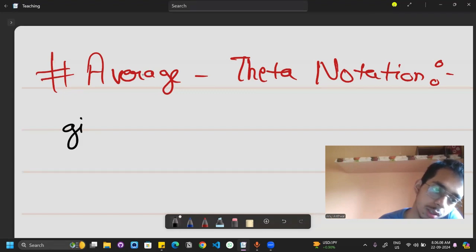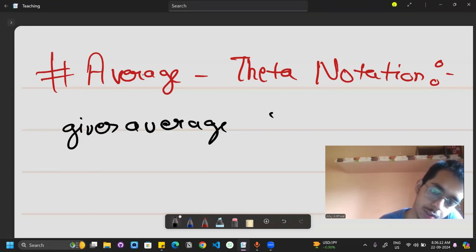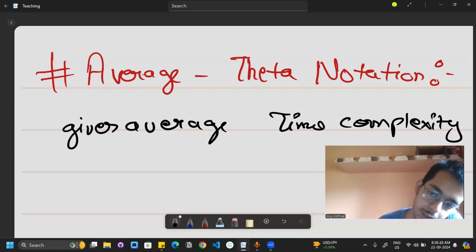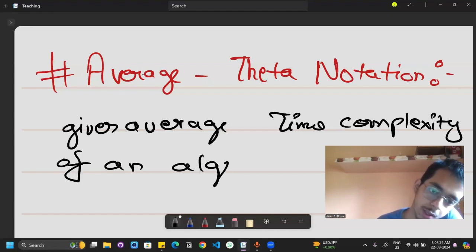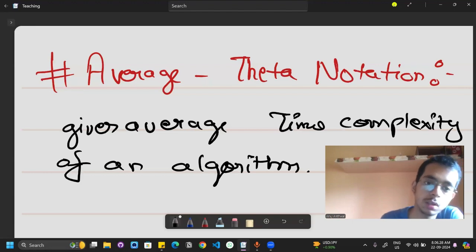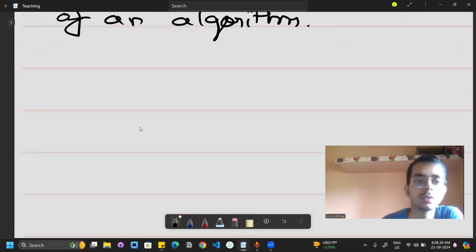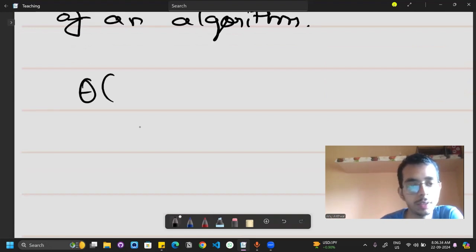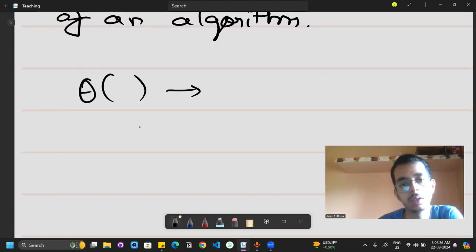It gives the average case of an algorithm, and it is denoted by theta.